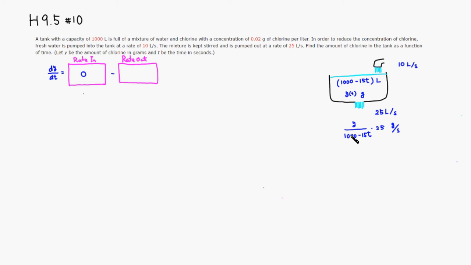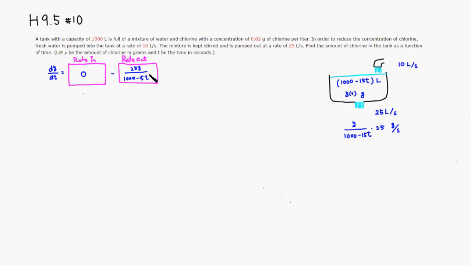That's the rate out. So I'm going to write minus 25y over 1,000 minus 15t.